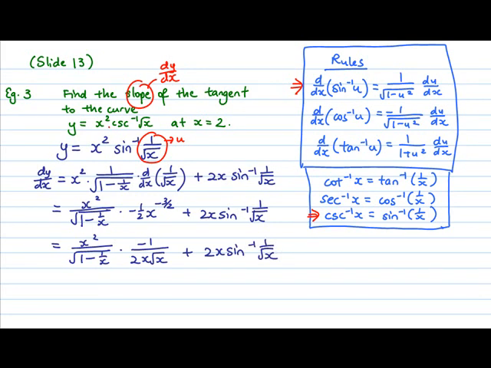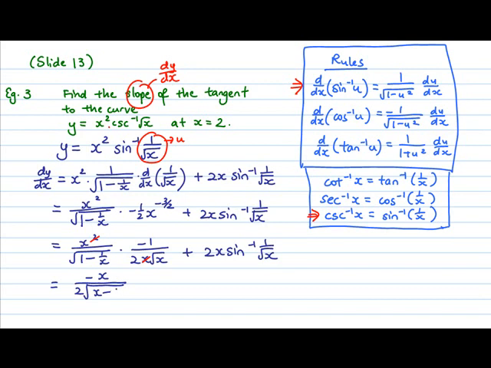Okay, so now I can see that I can cancel a copy of x with an x. And now I'm going to combine this square root with this square root. So I can multiply the square roots together. So I'll have a negative x. So square root and square root multiply together, x times 1.